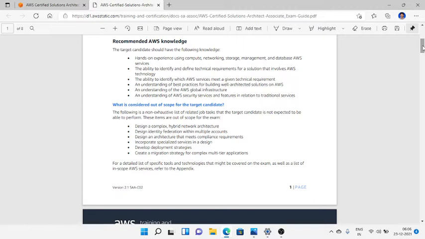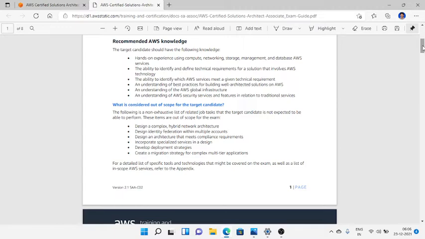You should be able to understand the practices for building well-architected solutions on AWS, understand AWS global infrastructure, and understand security and features in relation to the traditional services in AWS.